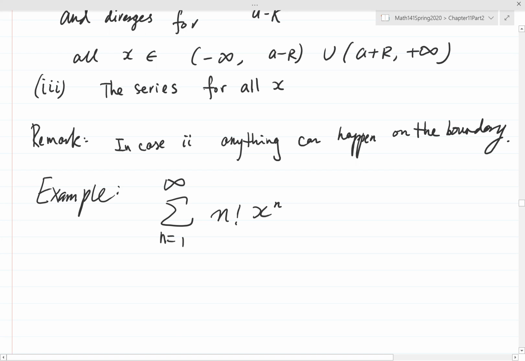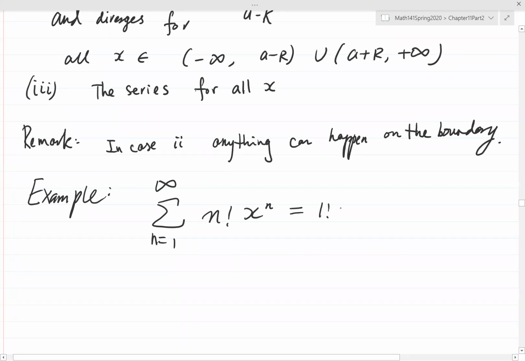So this is 1 factorial x plus 2 factorial x squared plus 3 factorial x cubed, and so on.